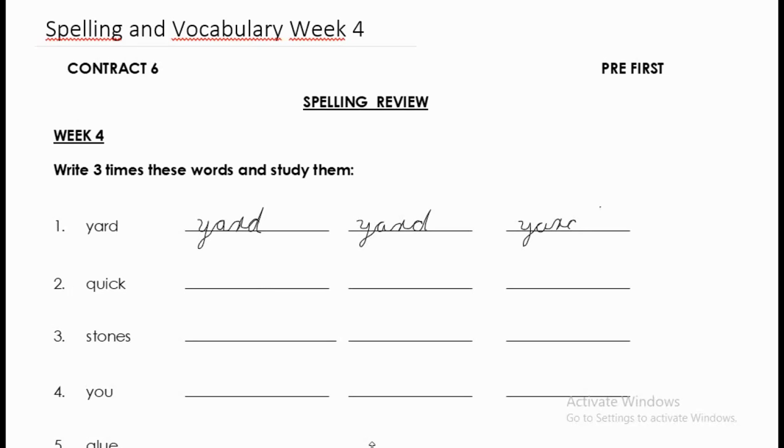Okay, the second word is quick. Quick. Okay, I'm using the cursive letter, but if you want to use the script letter, it's okay, it doesn't matter. Quick. And the last time we are going to say quick.